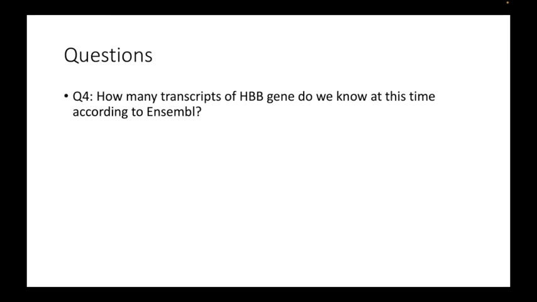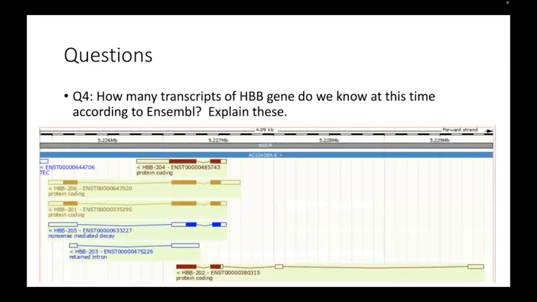Yes, that's according to Ensembl. And then could you explain the detail of that? So that is the next question. Is there anyone who wants to volunteer and explain everything that you see here to your classmates?